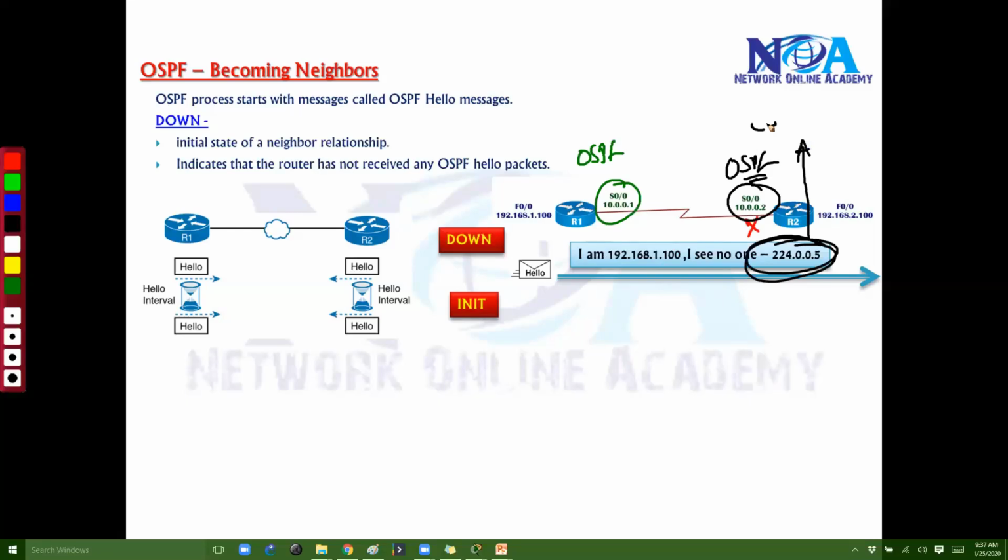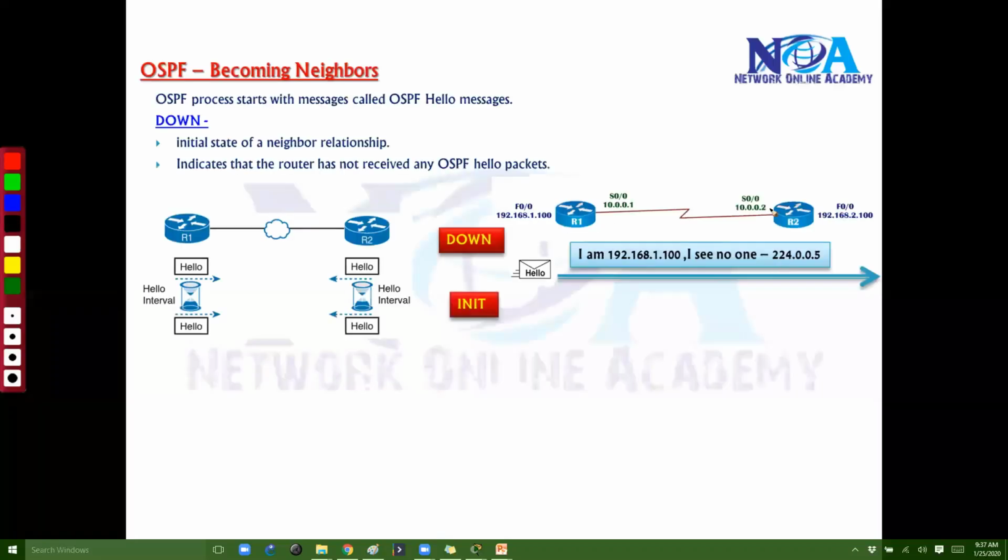All the OSPF routers listen on the address 224.0.0.5. If the opposite router is not running OSPF, it will not listen to this hello message. Unlike broadcast, which everyone listens to, multicast is only for a selected group, and this address is reserved for the OSPF protocol.